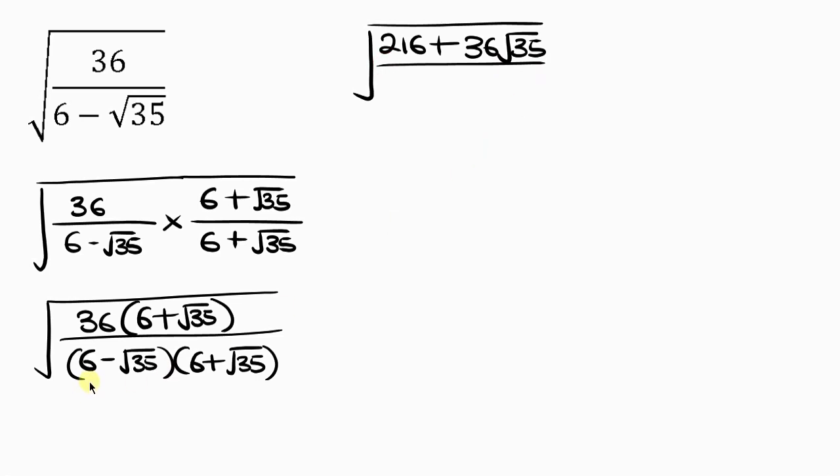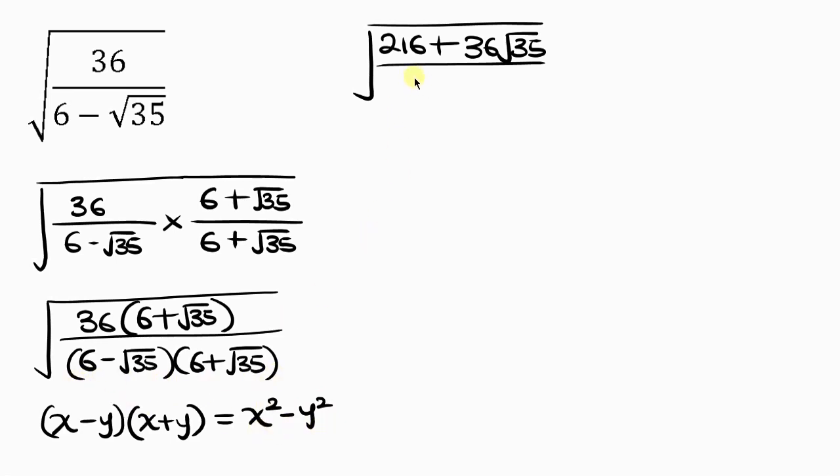Now notice that the denominator is of the form of difference of two squares, which is, for example, x minus y times x plus y. So this is the form of difference of two squares, which is written as x squared minus y squared. Now let's write this denominator like this.